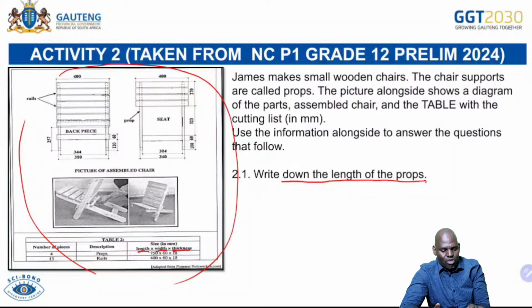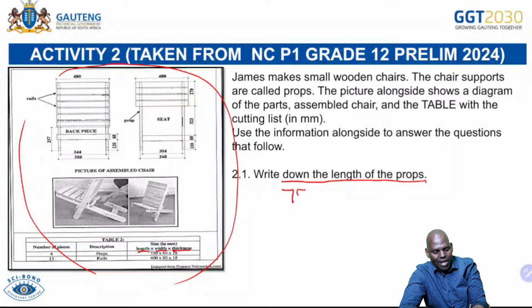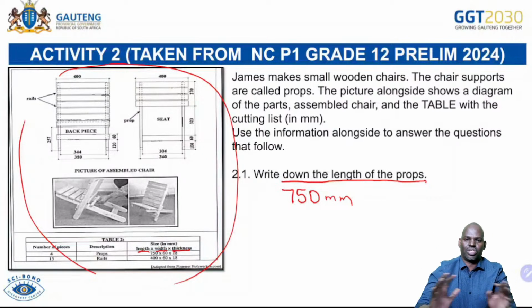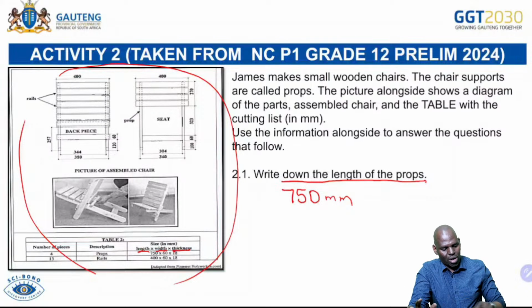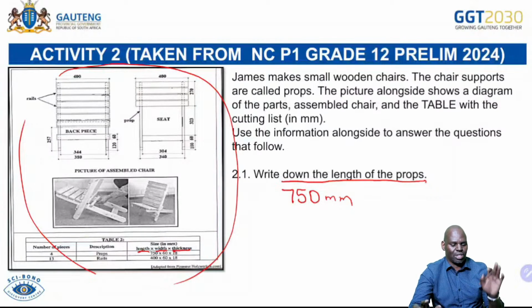Here they're looking for the length. From these dimensions, we know that the first one is the length. So the length in this case is 750 millimeters. You can see no calculations, nothing. It's just a matter of looking at what is given on the picture, the pictures and the information, which will help you to find the answers.